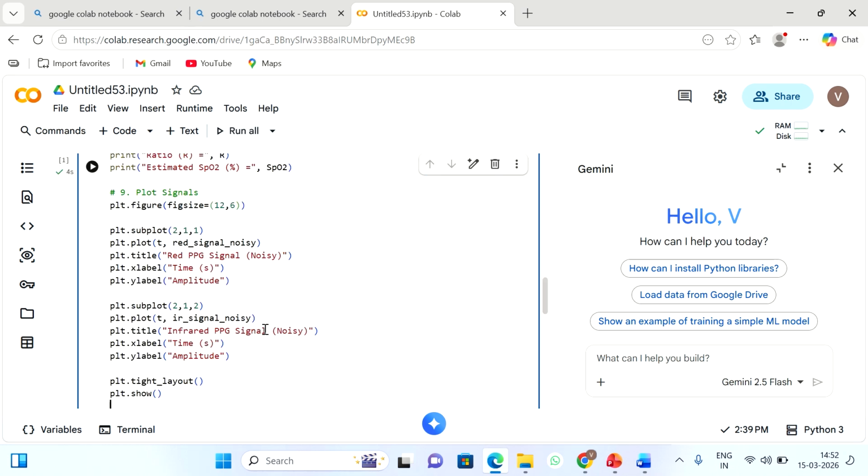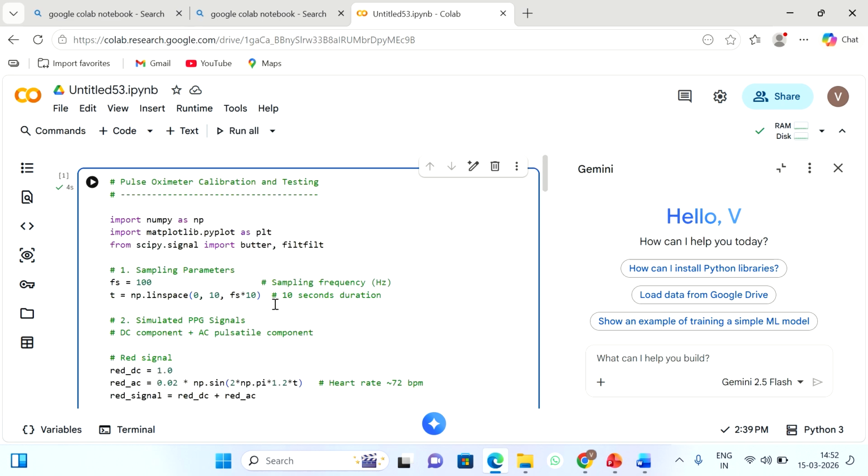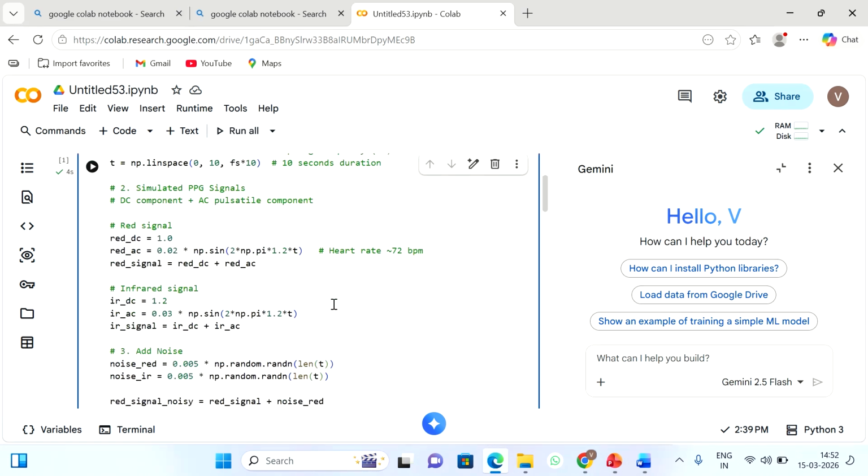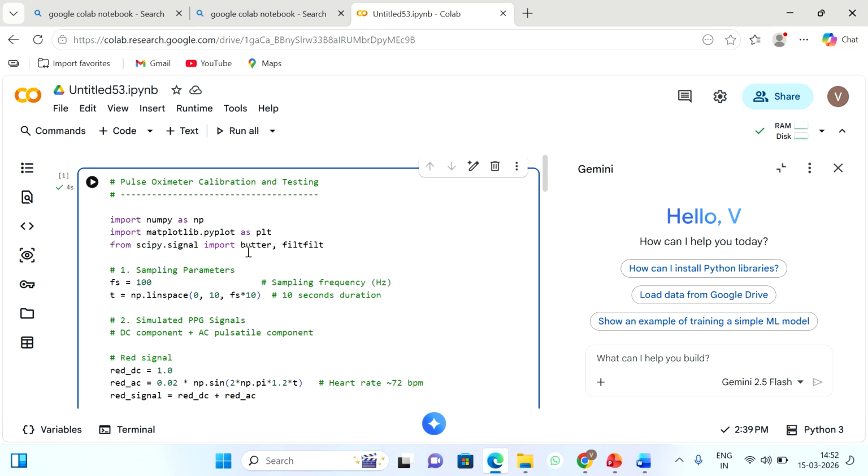So here, first we have to import the NumPy library, the NumPy Python library, as np. And then we take matplotlib.pyplot as plt.